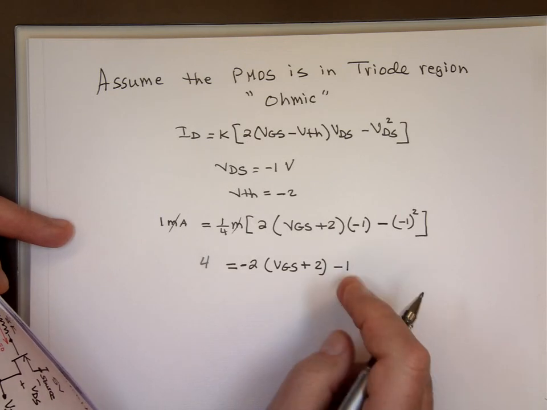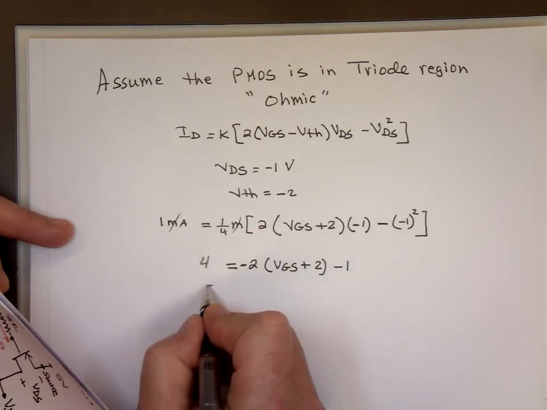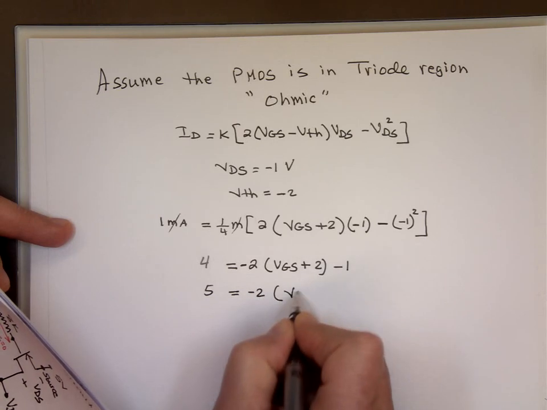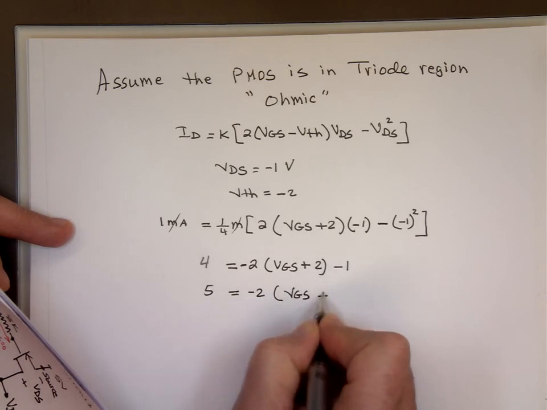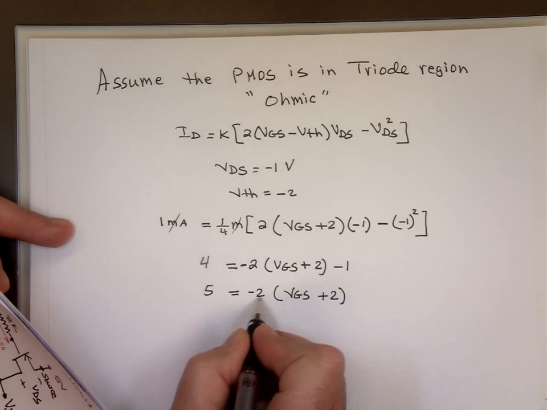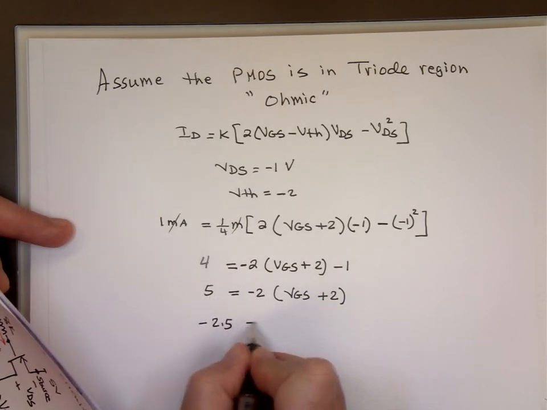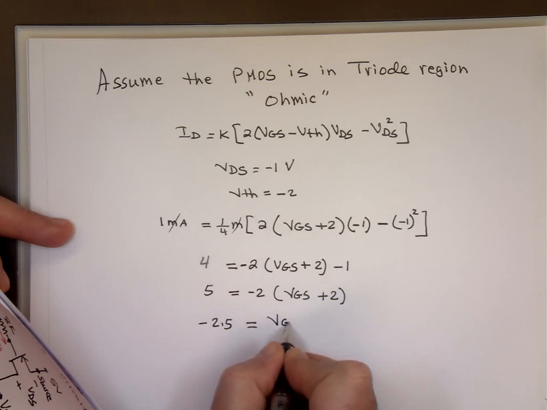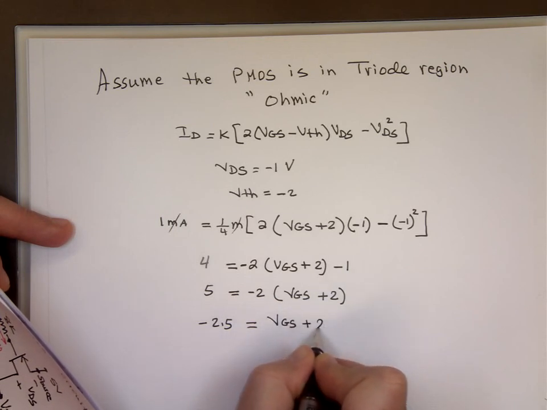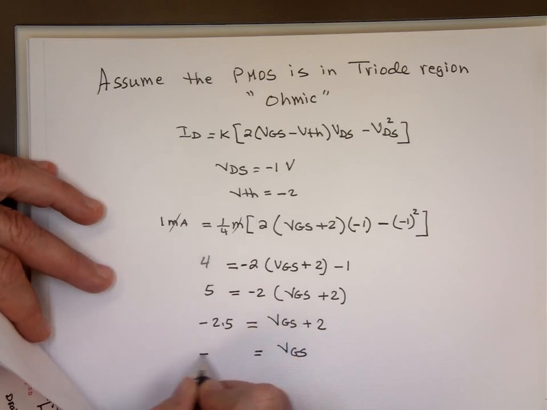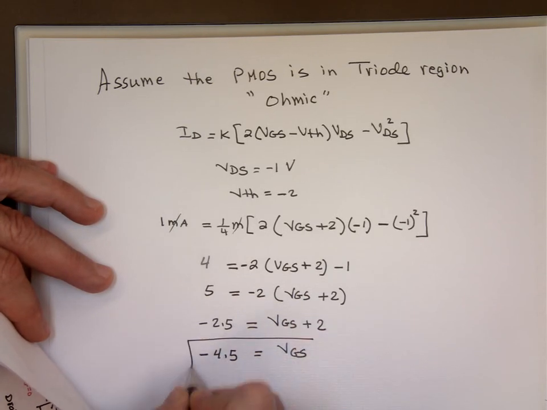So when you bring the minus 1 to this side, that's 5 equals negative 2 times VGS plus 2. Divide by negative 2: negative 2.5 equals VGS plus 2. Subtract 2 from both sides, that tells me VGS equals negative 4.5. One solution to VGS.